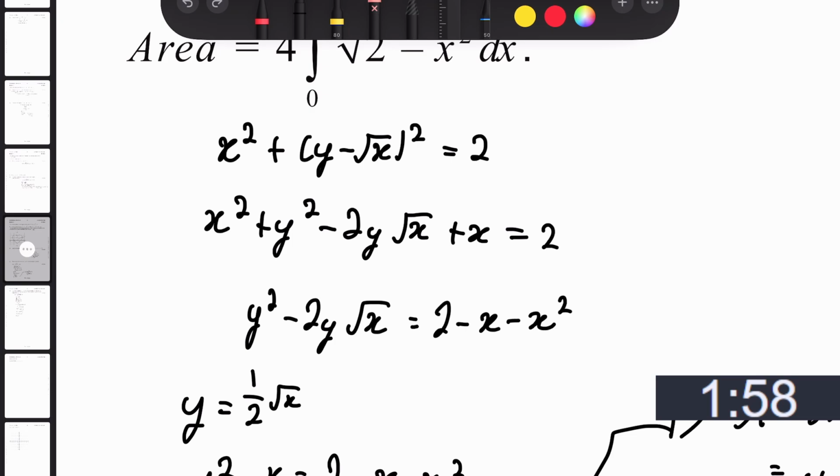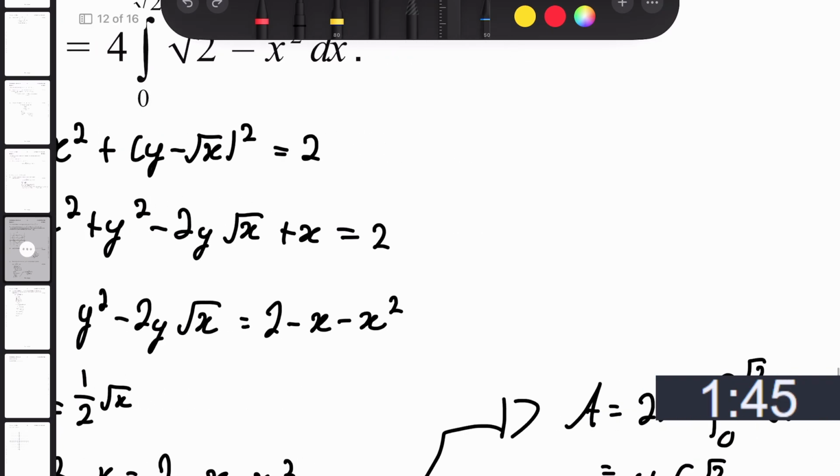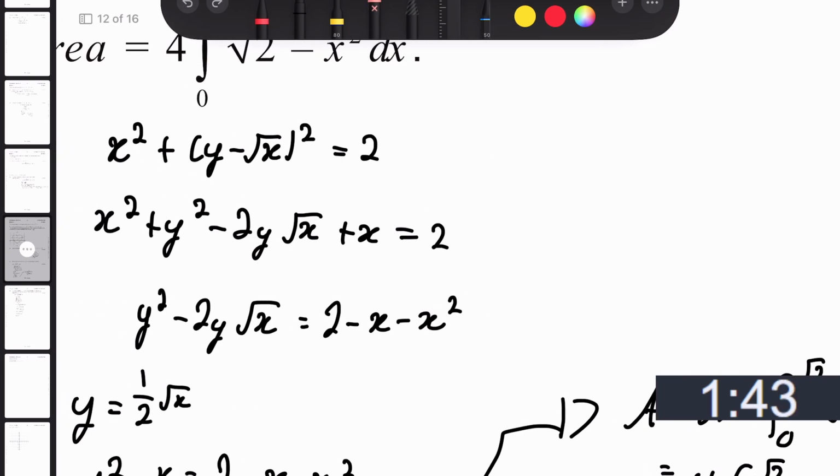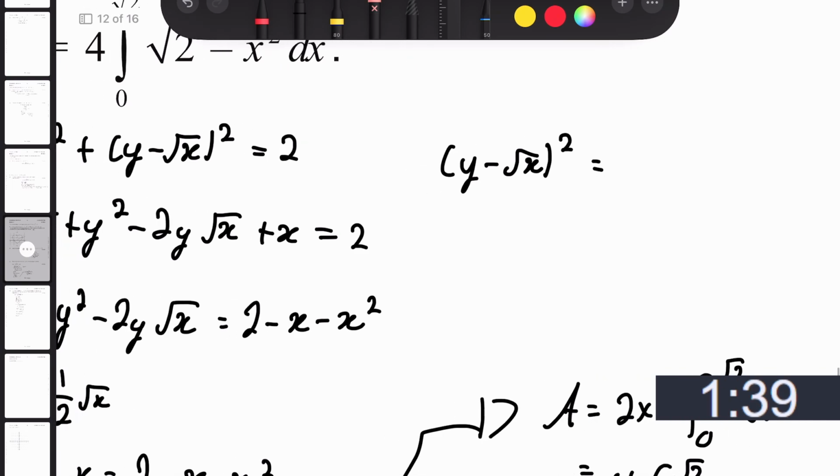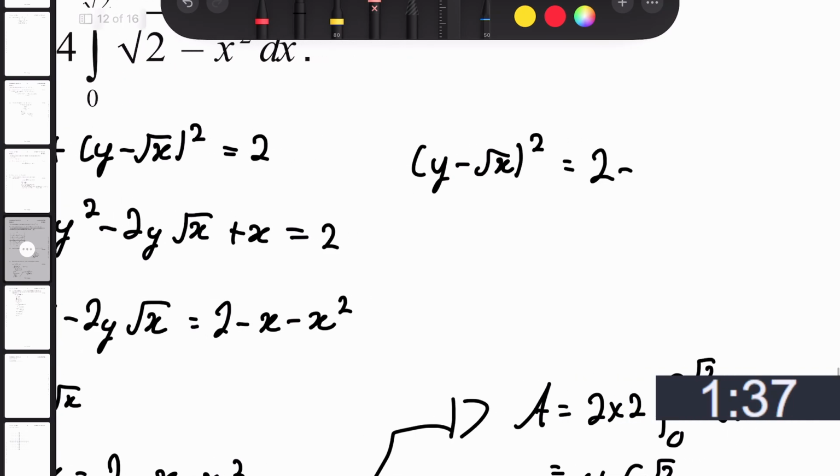Y squared. Maybe it's y minus root of x squared is equal to 2 minus x squared.